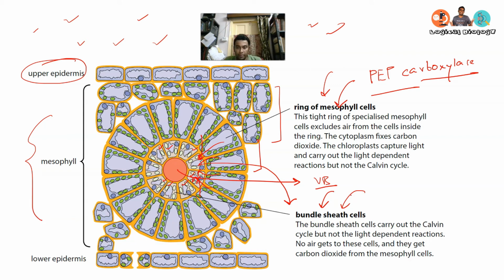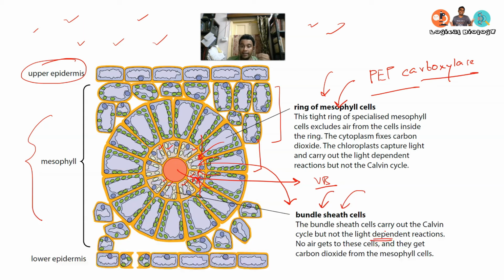One more thing you have to remember: these bundle sheath cells, they don't perform any light-dependent process. So, what is the moral of the story? That means these bundle sheath cells cannot produce oxygen. Understand one thing, because it is a light dependent phase where you are going to produce oxygen, right? The photolysis.